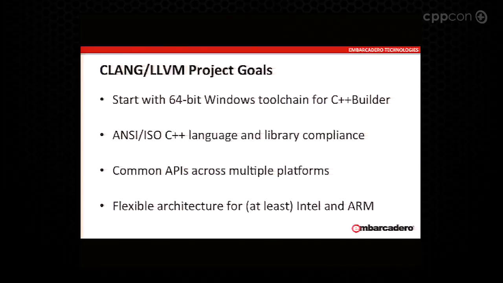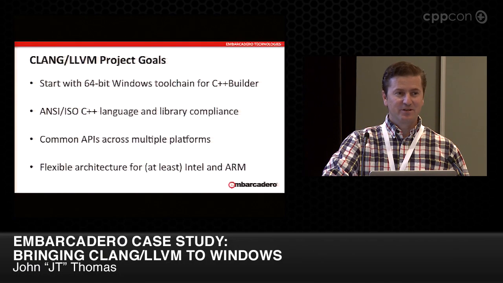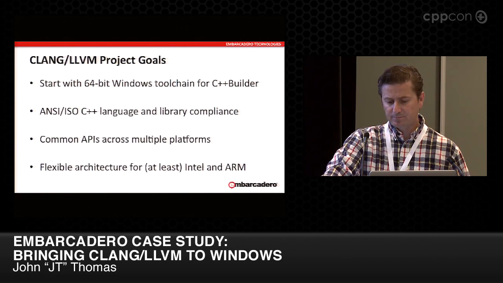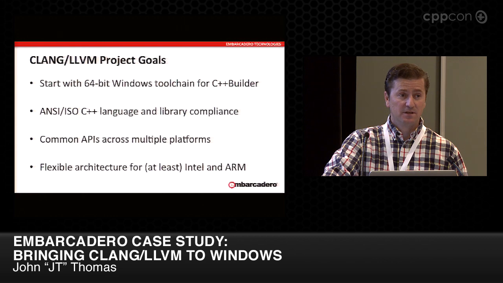On top of that, we needed to support our frameworks, and that meant these common APIs in existing frameworks with existing conventions and language usage based on 15-year-old C++ technology, and bring those guys forward as well. And lastly, we needed something that gave us a flexible architecture to at least support various Intel platforms, which included 32-bit, 64-bit, but also ARM platforms.